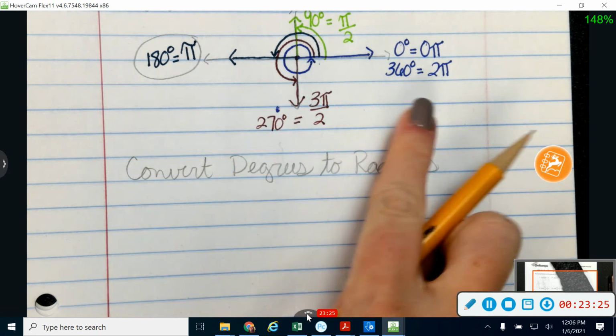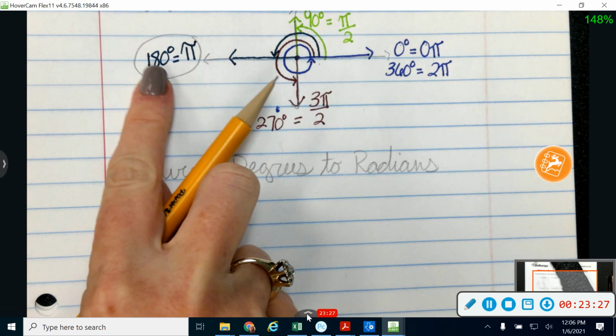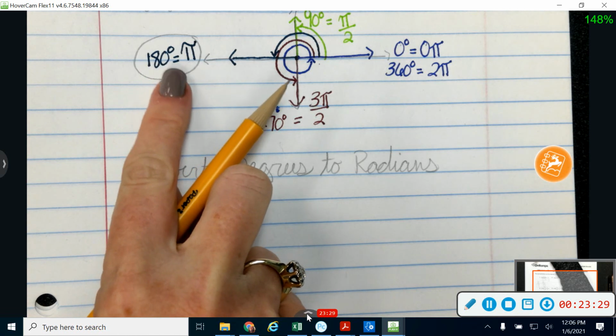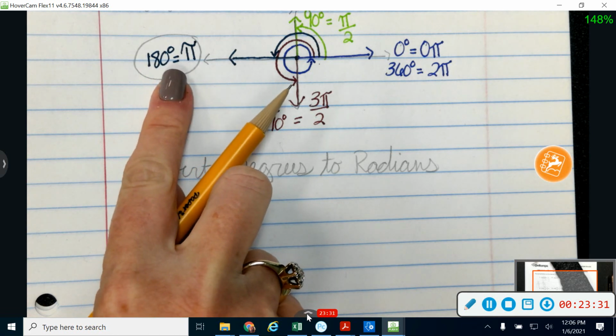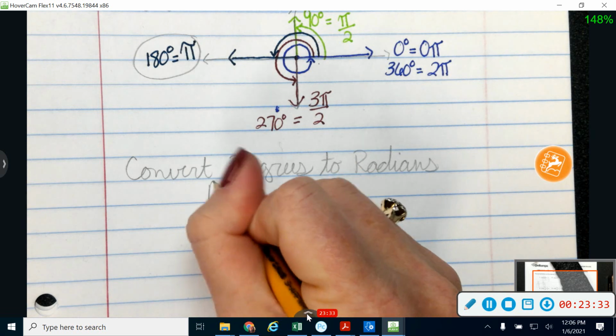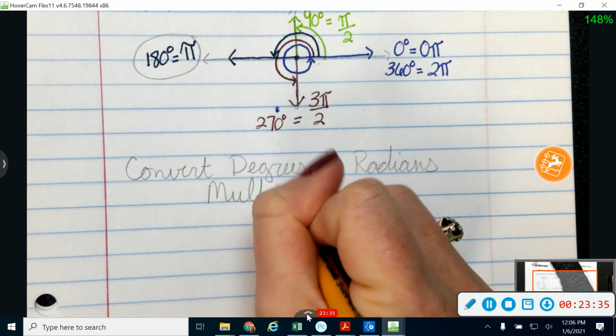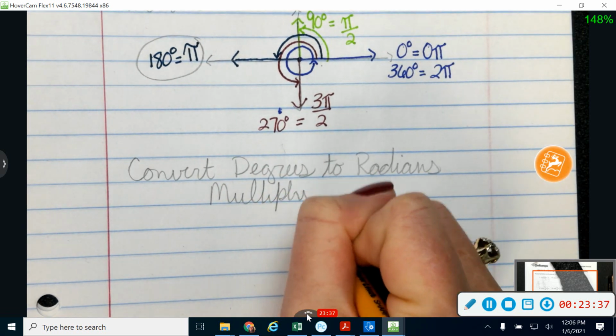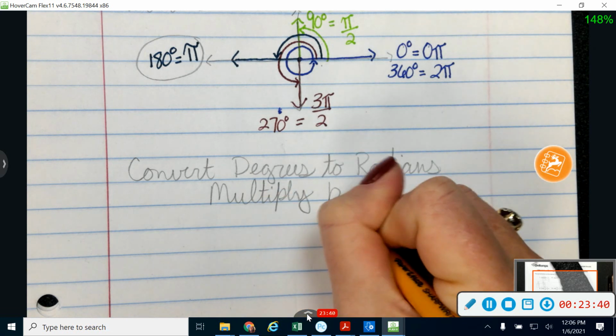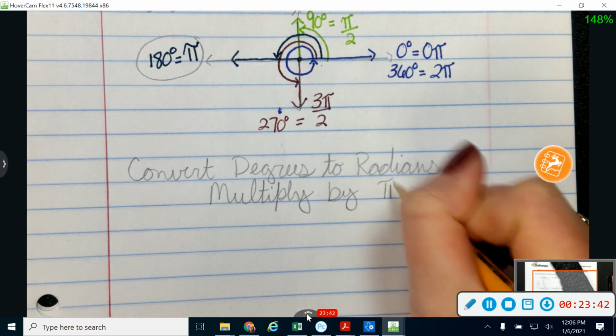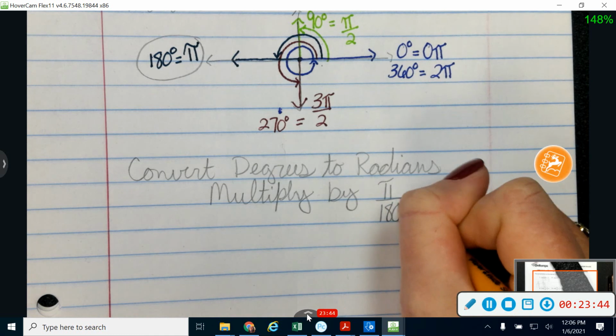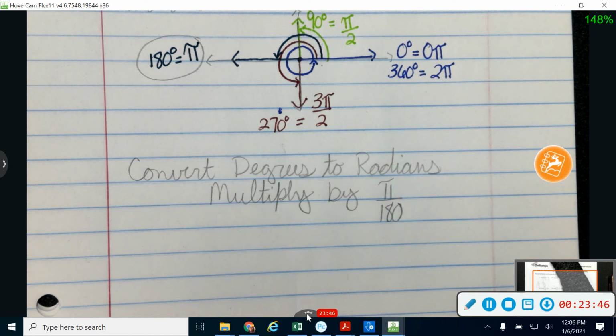We could use 2 pi and 360, but this one's going to be easier to use. So this is the one that we want to use the most. To convert from degrees to radians, I'm going to multiply by pi over 180.